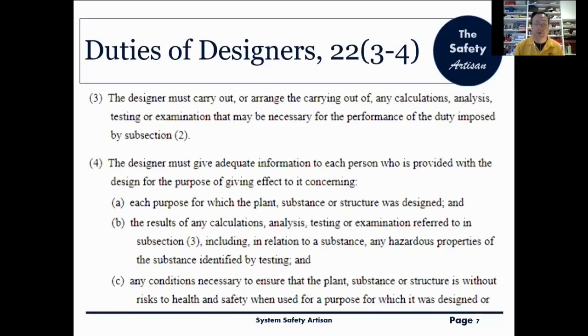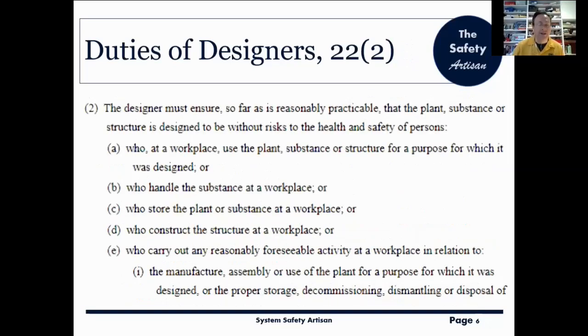And probably this is also equally crucial from a hazard analysis point of view, any conditions necessary to ensure that the plant, substance, or structure is without risks to health and safety when it's used for the purpose for which it was designed, or all the other stuff if we go back to section 2.